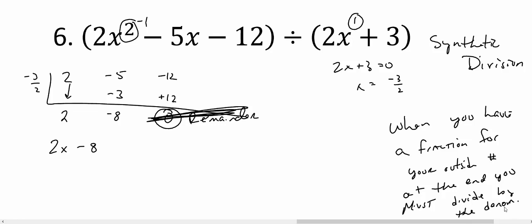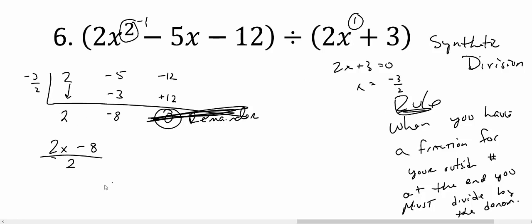I'm going to abbreviate denominator to denom. When you have a fraction for your outside number, which you do, you must divide by the denominator. So I have to take this and divide it by 2 because that's what the rule is. That's a rule. We don't break rules. We follow them, or we try to anyway.